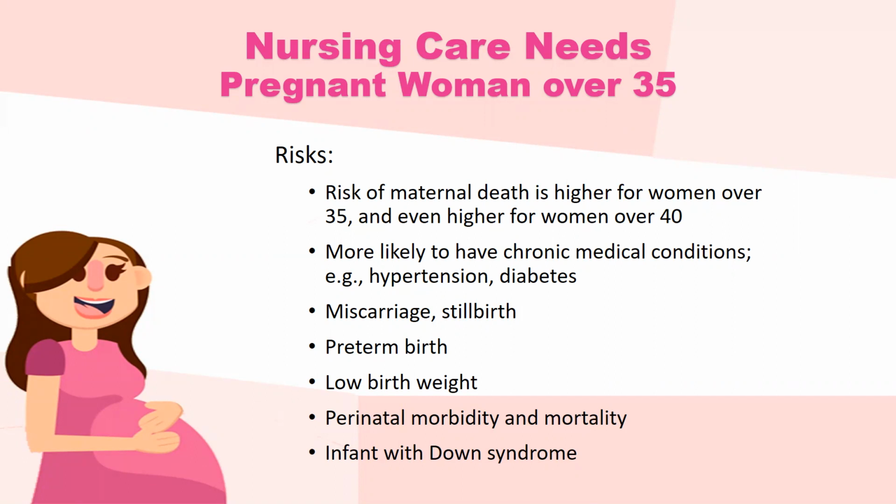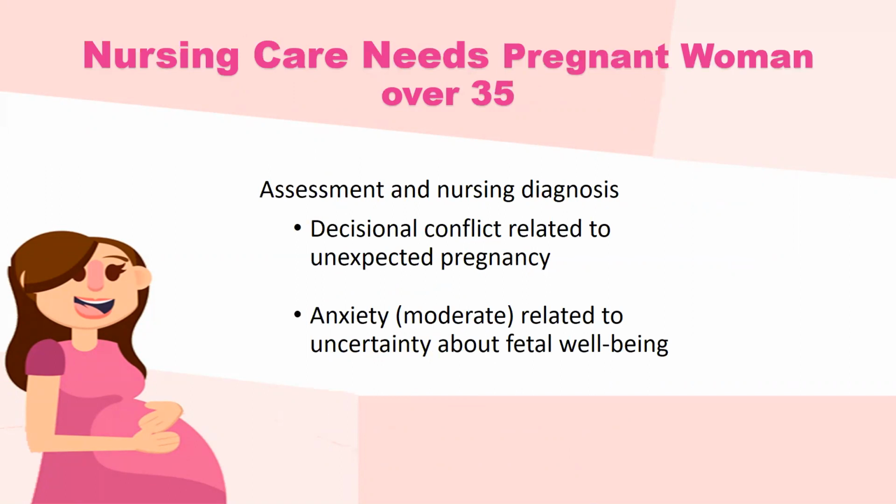So these women need lots of support because they know that they face higher risk in these areas. Assessment and nursing diagnoses appropriate for these women include decisional conflict related to unexpected pregnancy, and also anxiety related to uncertainty about fetal well-being.